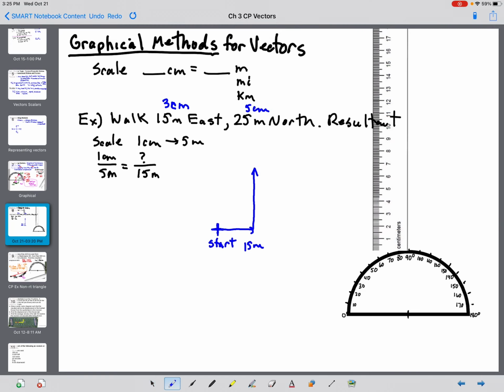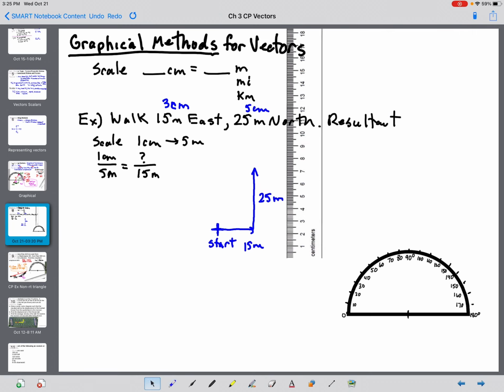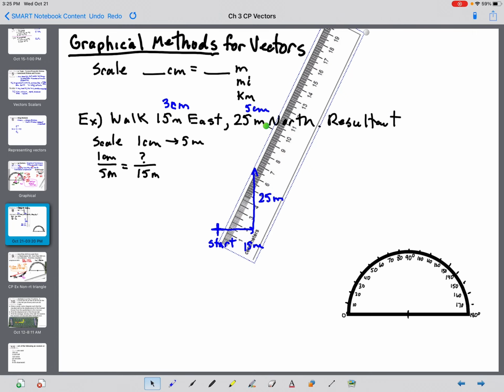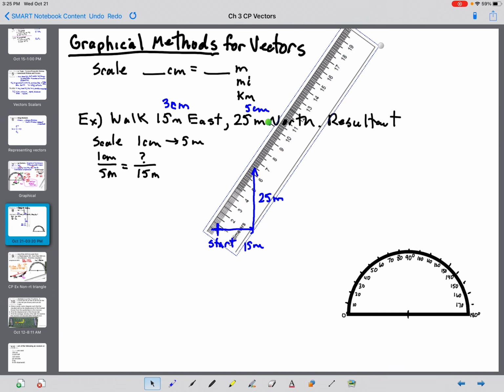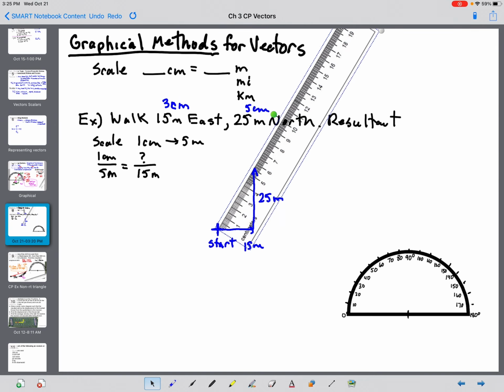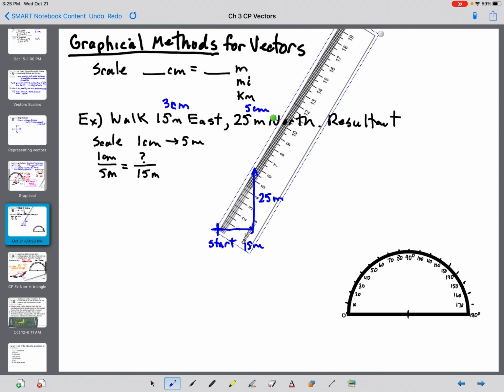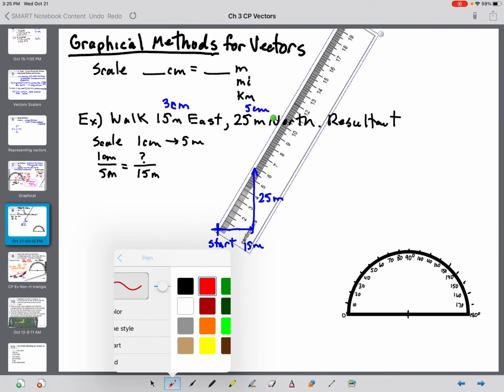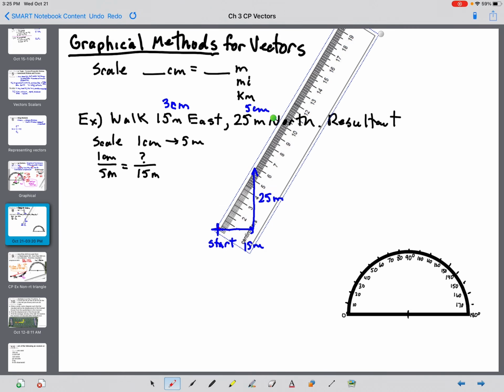Now, both of those lines were drawn to scale, and so then we can use a ruler and draw a resultant. From start to finish, we draw a line right there that is your resultant.